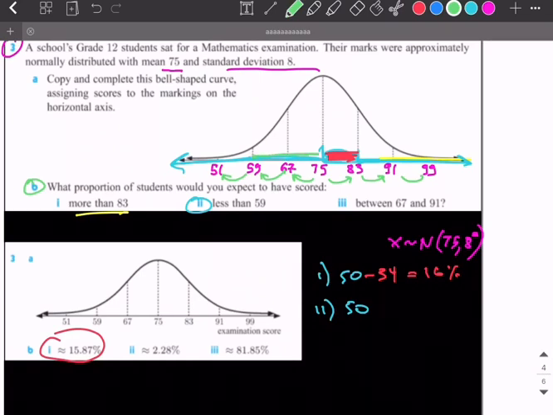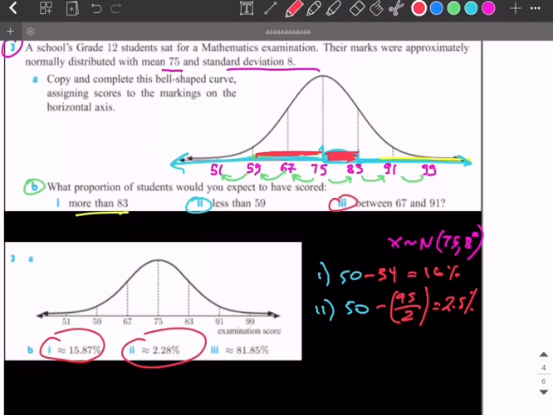This is half of 95, so minus half of 95. So if you do this, 50 minus 95 halves, you get 2.5%. All right. And now let's do the last one, between 67 and 91.